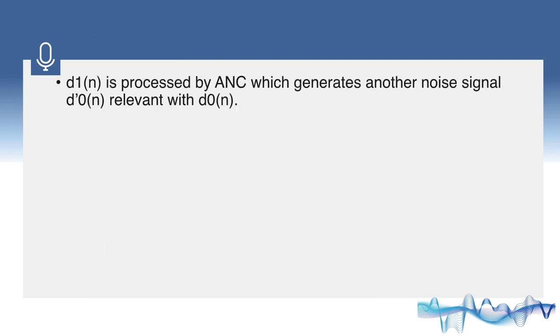Then D1n is processed by ANC, which generates another noise signal D'0n, relevant with D0n. Thus, the main input signal Xn minus the output of ANC gives the output signal S'(n).